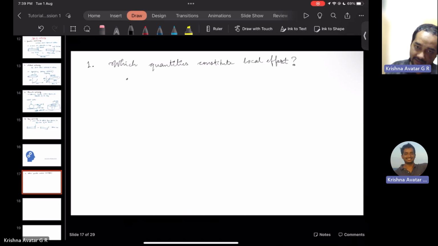And the options are stress, force, displacement, and the fourth is strain. So the answer you very well know because we have already discussed it several times by now. The answers are stress and strain.